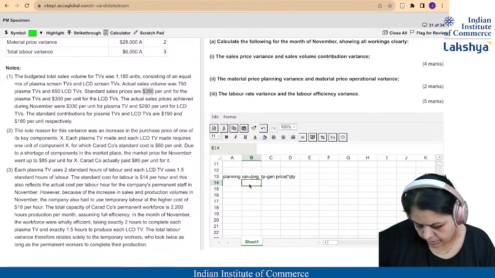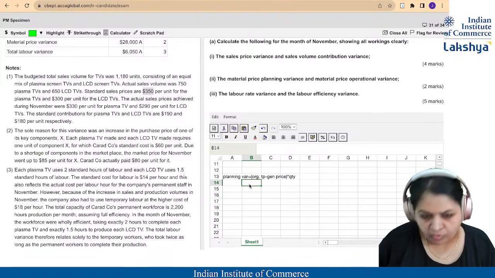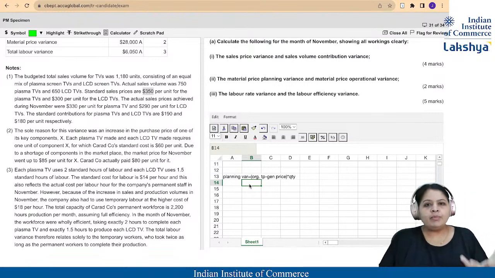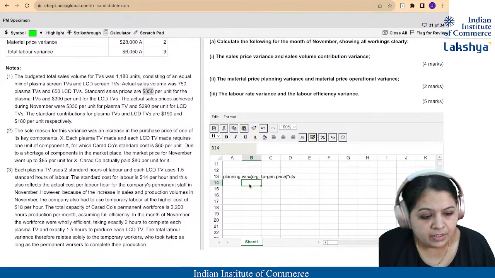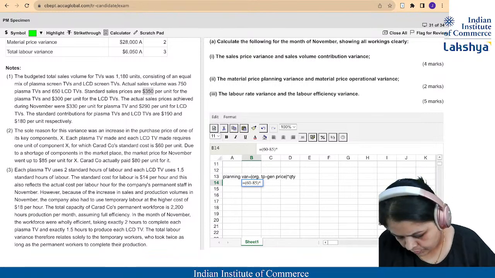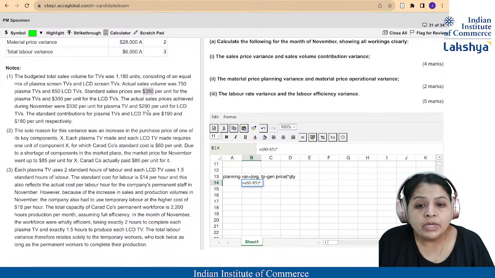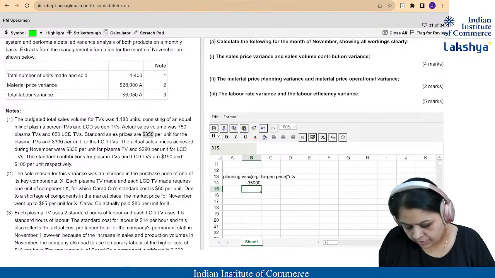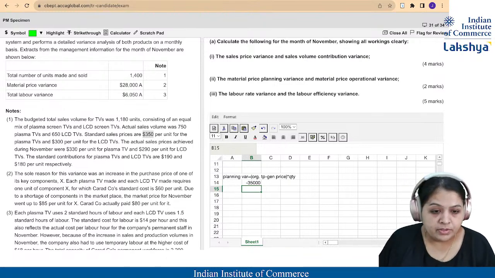The company's original target price was $60, but that increased to a general market price of 85. So that is 60 minus 85, and the quantity they purchased was 1400 units, which comes to 35,000 adverse.